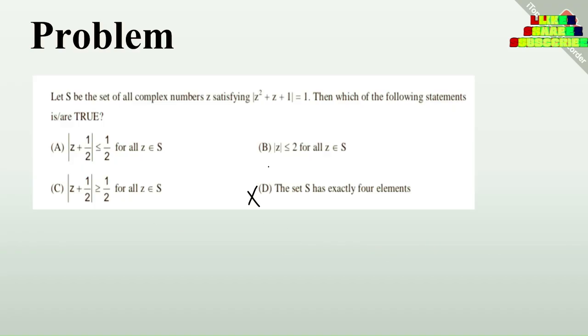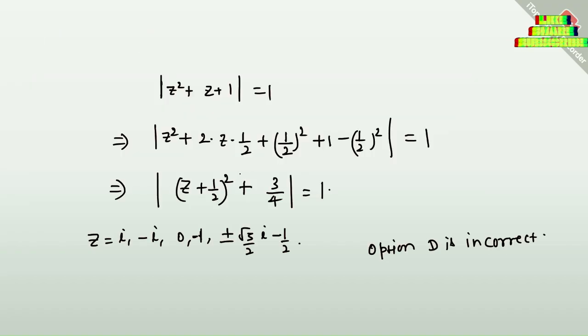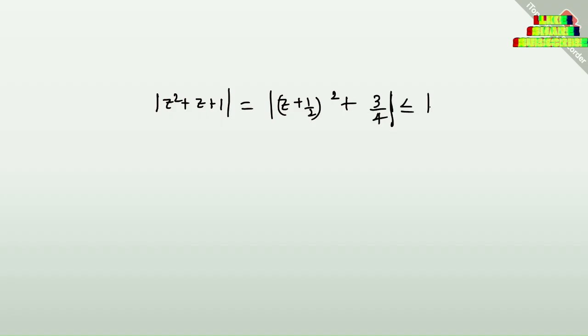So first of all, we are going to find the bounds of mod of Z plus half. So by triangle inequality, we can write mod of Z square plus Z plus 1 is equal to mod of Z plus half whole square plus 3 over 4 under the modulus, and this is less than or equal to mod of Z plus half whole square plus 3 over 4, and this is equal to 1.